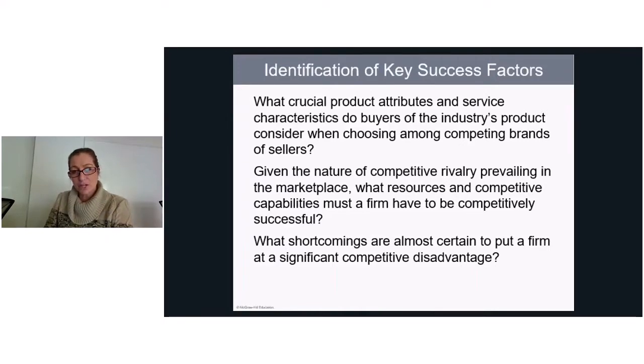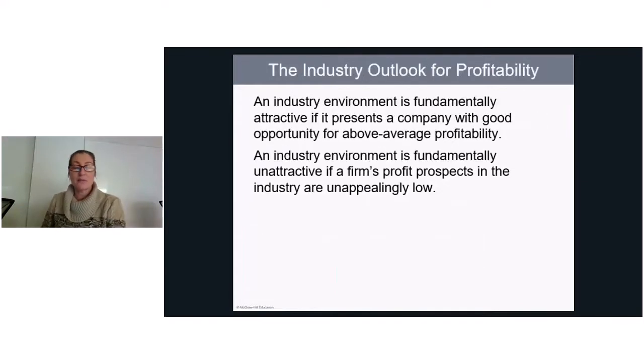What are the main points of differentiation amongst competing brands, for example? So we need to do some analysis in the particular industry that we're operating in to identify key success factors that we want to focus on. So it's an organisational internal decision.